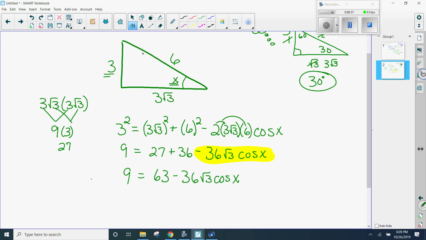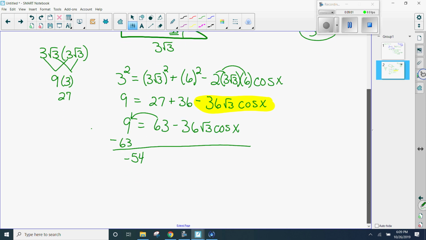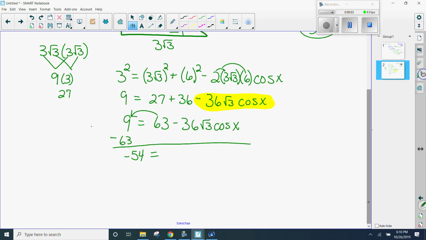Now I still want to isolate that term, so I'm going to move the 63 over to the other side by subtracting 63. If you take 63 and subtract 9, you end up with 54, and it's going to be negative in this case because you are subtracting the 63. So you get negative 54 is equal to negative 36 radical 3 cosine of x.